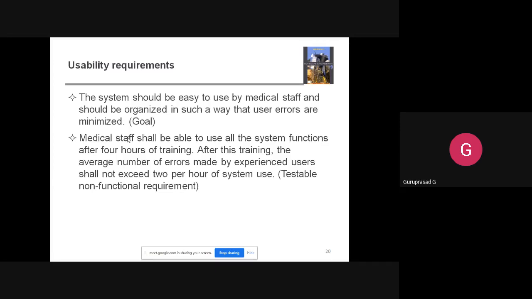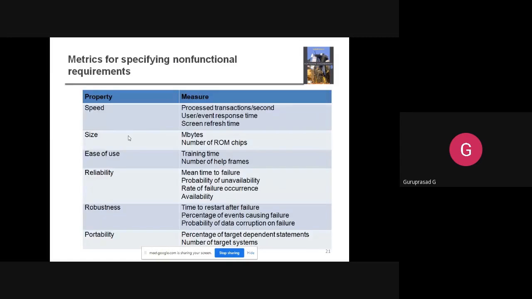So this relates to the usability requirement. Remember, usability requirement is also one of the product requirements. The system should be easy to use, and errors should be minimized. This is one example of a usability requirement.